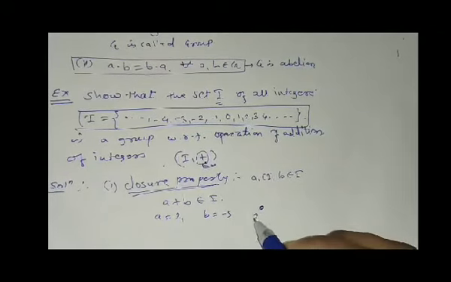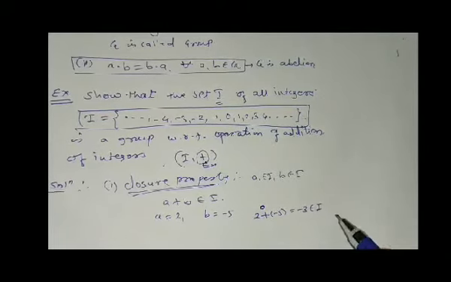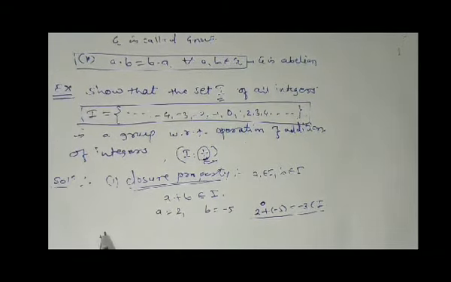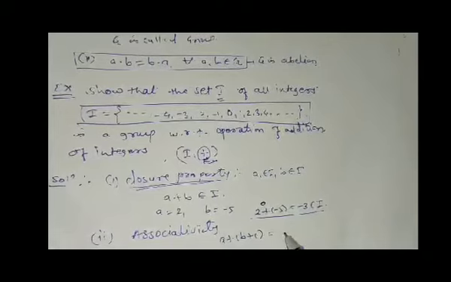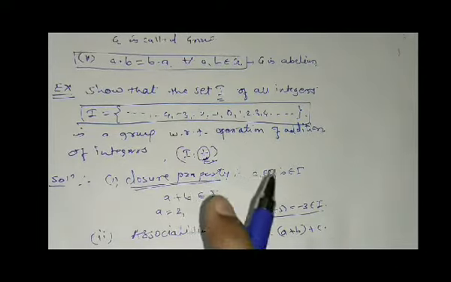Their sum 2 plus minus 5 is equal to minus 3, which again belongs to integers I. So the first condition is satisfied. In this way you can check the second condition, that is associative law, associativity. You can choose any three elements and then take their sum in this way. No doubt we can do this very easily. So two conditions are satisfied.